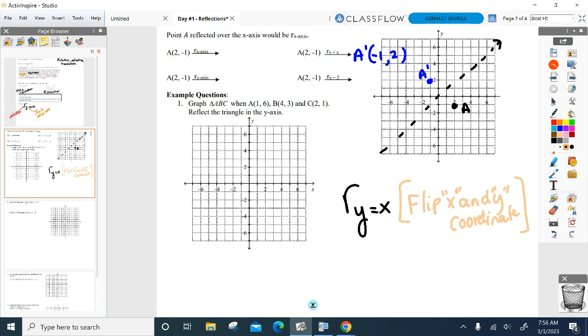Okay, that's great that you can flip points over lines, but I'm really more concerned, how about a big triangle? Can you do a whole triangle over a line? So go ahead, graph triangle ABC.